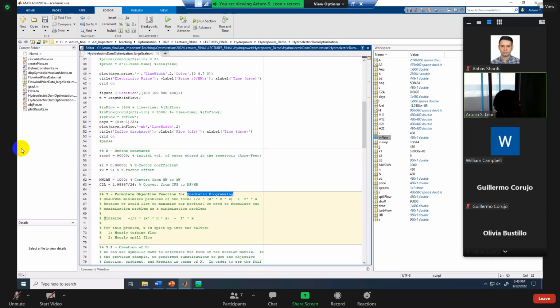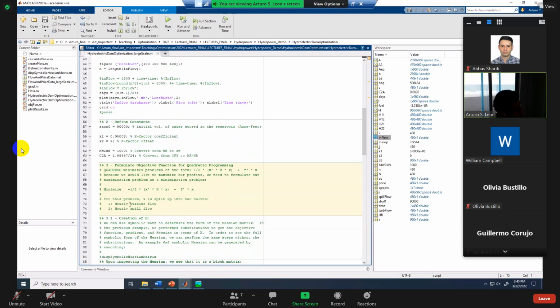So, guys, I want to minimize this function: half times x, which is the decision variable, times the Hessian times x, that is x transpose Hessian x, minus f. All of this is defined in the PowerPoint presentation, right?